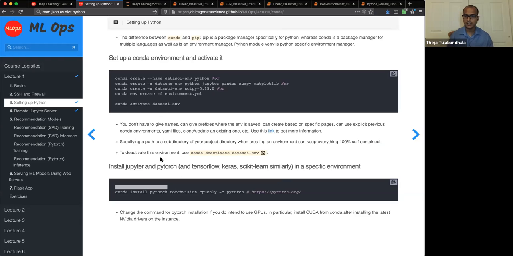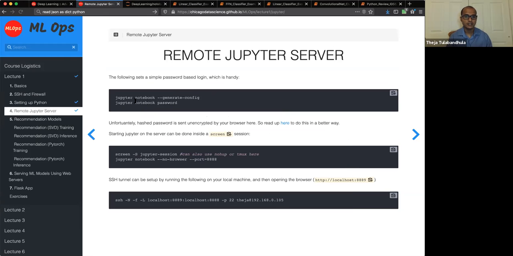You should have a look at this particular page, and you can also see how to install PyTorch. In particular, for Jupyter Notebook, it's always good to have a password and other configurations if you want. And if you're running Jupyter Notebook on a server, which is how I'm doing it here, I'm going to talk about the feedforward neural network classifier now.